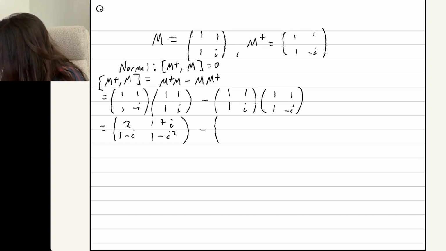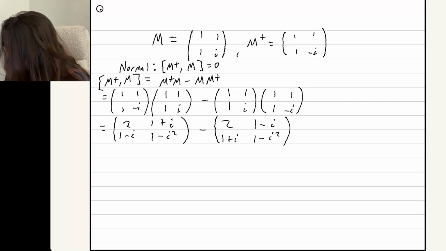Then moving right along, we've got 2 here again, and then 1 minus I here, and then 1 plus I here, and then 1 minus I squared here.